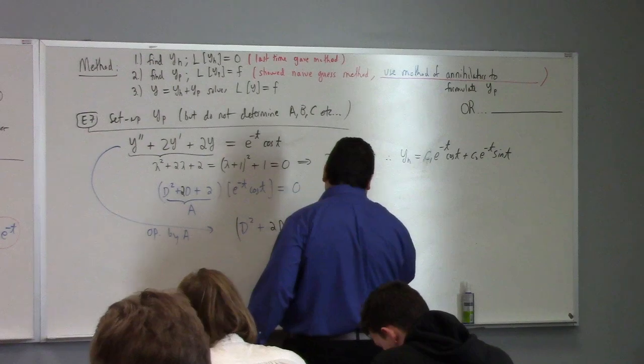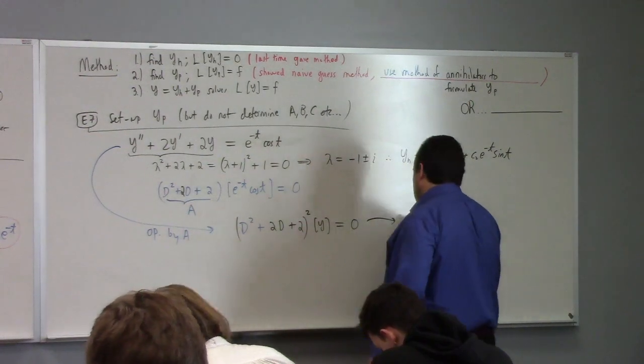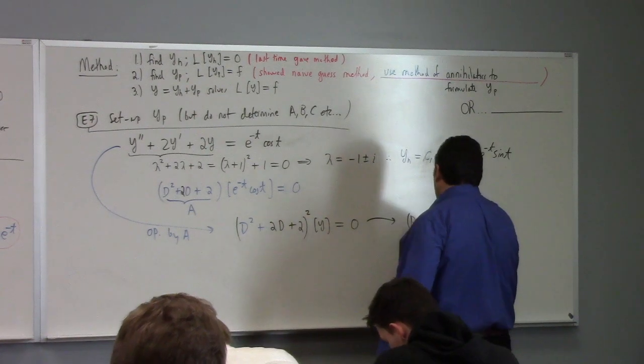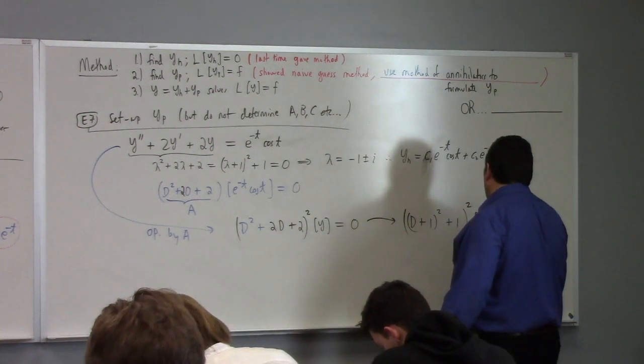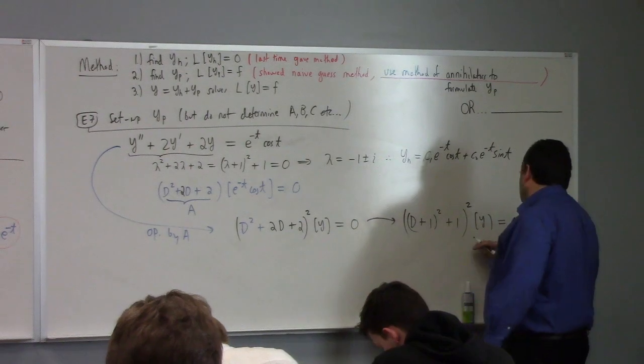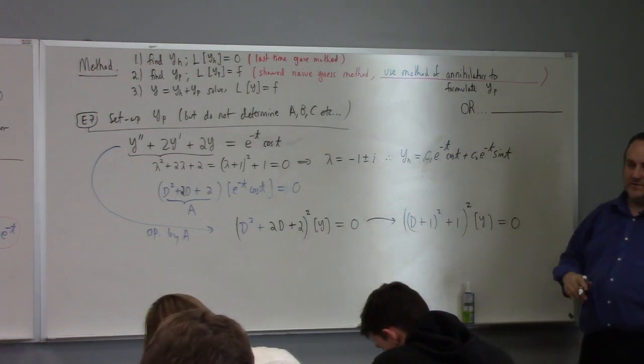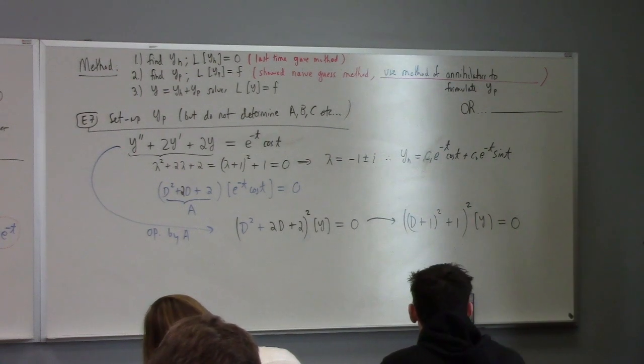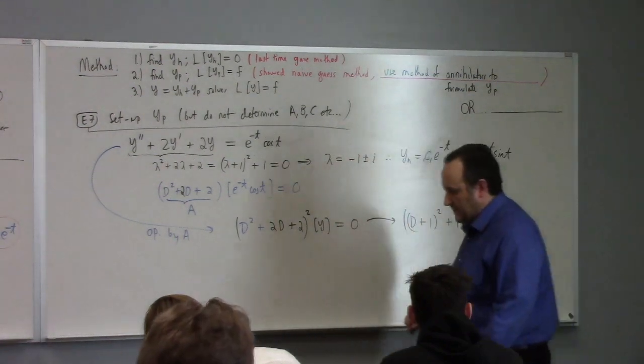Acting on y equals 0, which is to say (D plus 1) squared plus 1, quantity squared, acting on y equals 0. Here we have a complex root of minus 1 plus or minus i, repeated. What's my solution to the annihilated problem?